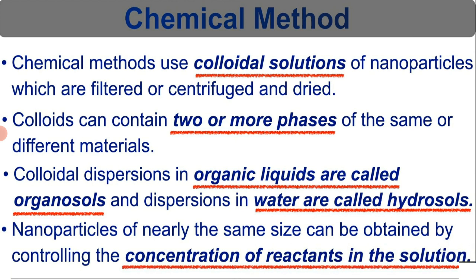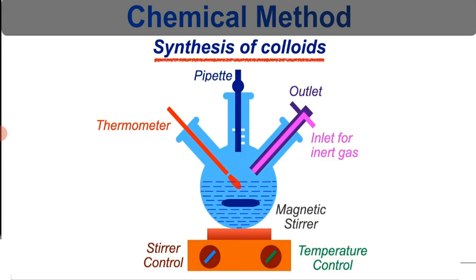Colloids can contain two or more phases of the same or different materials. This is the synthesis of colloids: magnetic stirrer, temperature control, inlet for inert gas, thermometer and pipette.